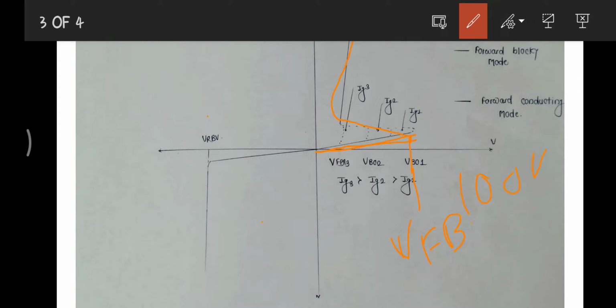Then we trigger the gate pulse from a low voltage supply, at the current value that should trigger the whole circuit, and the device starts conducting. Then the 100 volt comes back to zero, not exactly zero, something like 0.8 or 0.1 volt we have to consider. Then the device is conducting. So this scenario will happen.